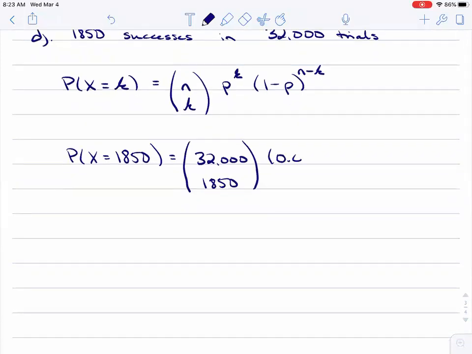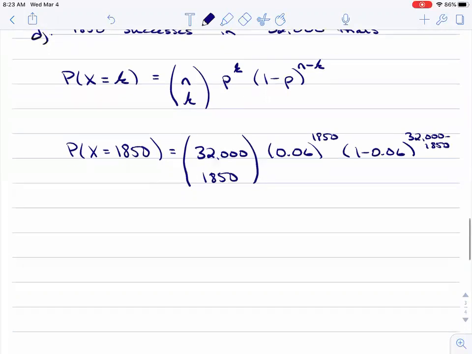P is 0.06 to the power of 1,850 times 1 minus 0.06, or 0.94 if you want, to the power of 32,000 minus 1,850. Kind of ran out of room there.